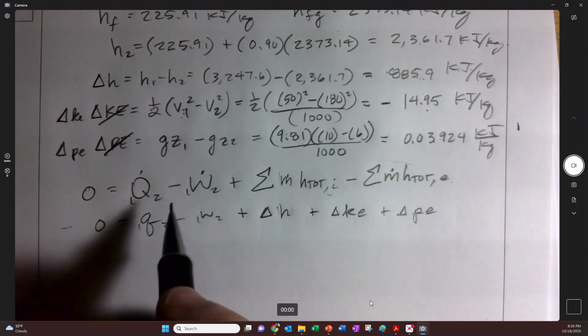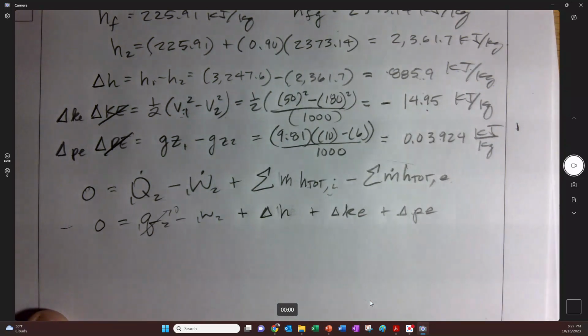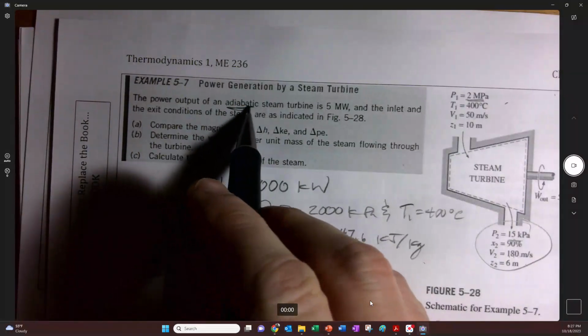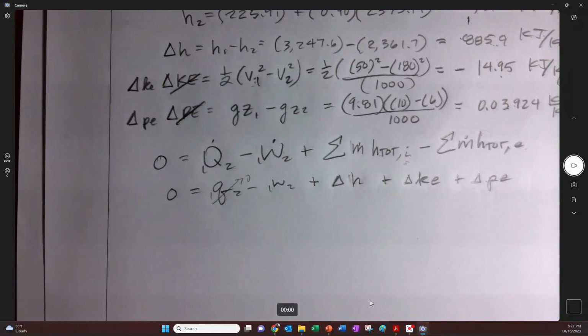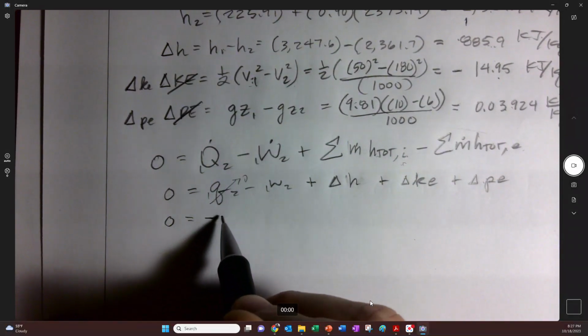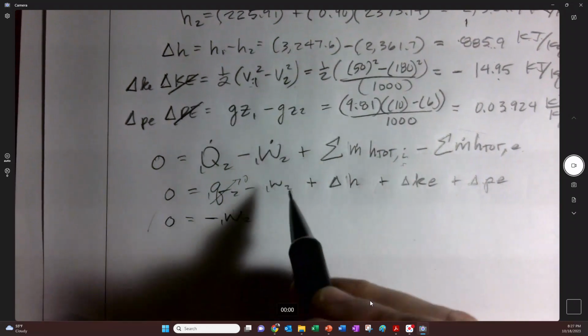Okay. So anyway, they say there's no losses, right? They said adiabatic. Yep, adiabatic. So there's no change in heat, no heat out. This equals negative, so it's going to come over onto the other side.